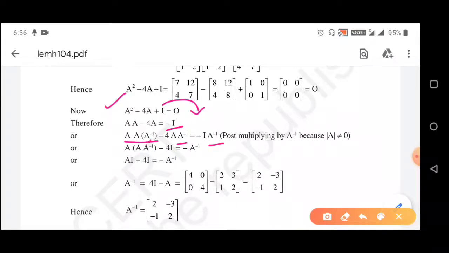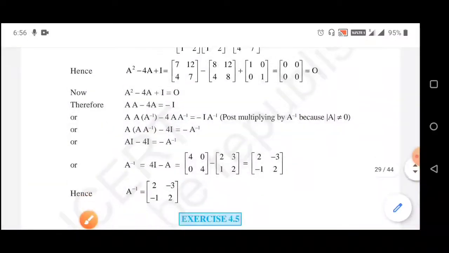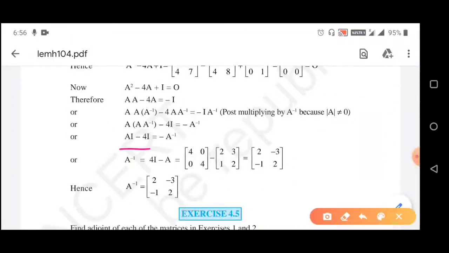So from here we will get A into A inverse, which means A into identity matrix I. From here also we will get 4I, and minus I into A inverse is equal to minus A inverse. So from here we will get A minus 4I is equal to minus A inverse. So from here we can write A inverse is equal to 4I minus A.